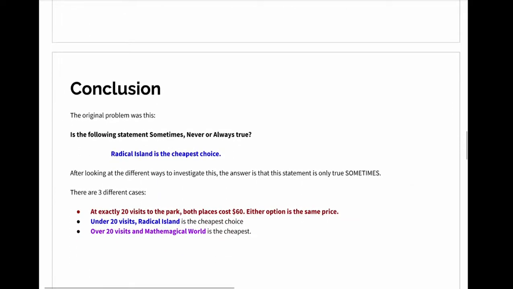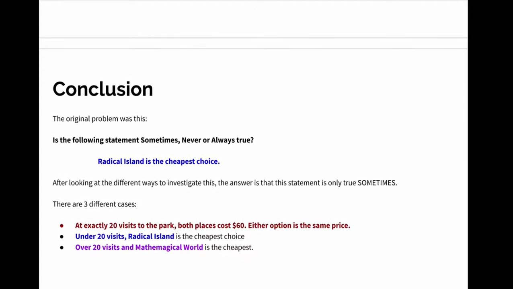So in conclusion, again, the original problem was, is the following statement sometimes, always, or never true? And that statement was, Radical Island is the cheapest choice. After looking at all those different scenarios, the graph, the table of values, the equation, basically all those methods confirm that our answer is that the statement is only true sometimes.